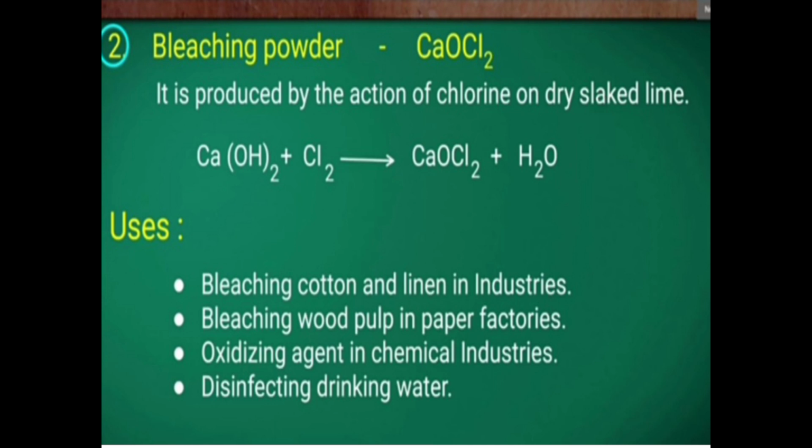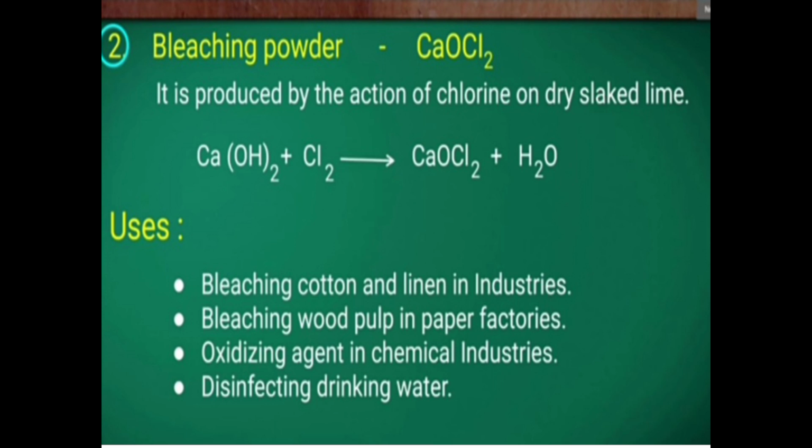Now the uses of bleaching powder. It is used for bleaching cotton and linen in industries, and for bleaching wood pulp in paper factories. It is used as an oxidizing agent in chemical industries.